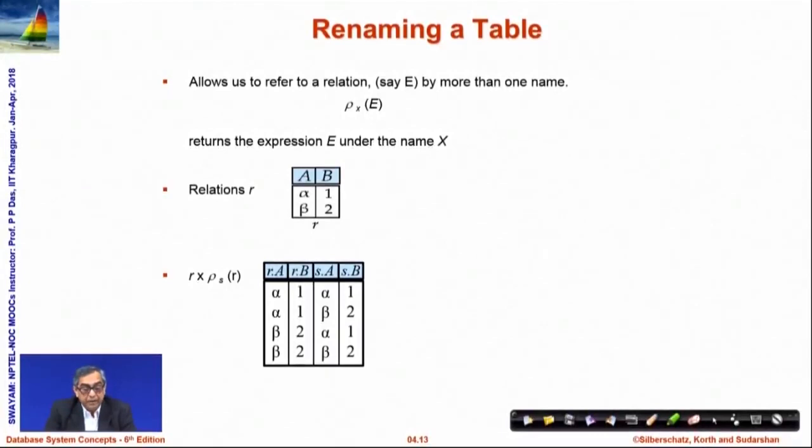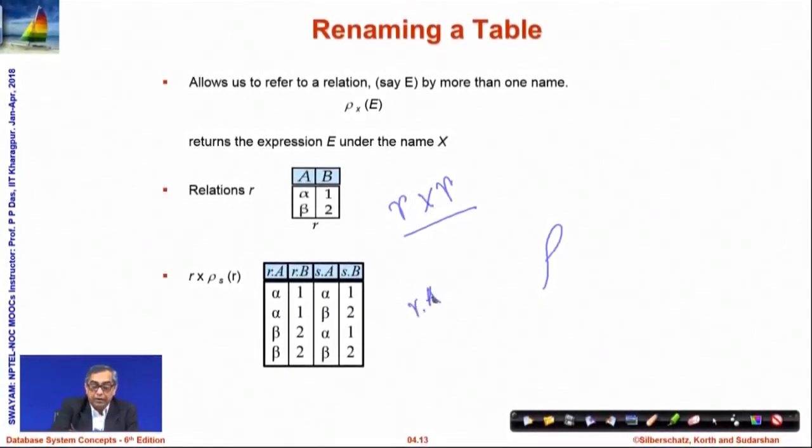Accordingly, relational algebra gives you a way to rename a table and give it a different name. This is given by the symbol rho. Using a relation R, you can give it a different name S. Otherwise you cannot compute R cross R, because if you try to do R cross R, you will have R dot A, R dot B, and you will again have R dot A, R dot B. So, you use this to rename R to S and then compute this.